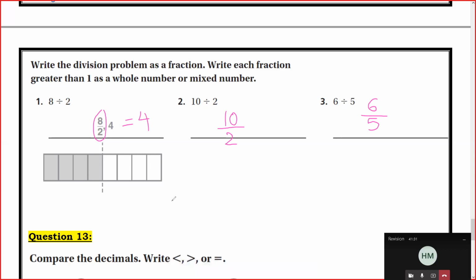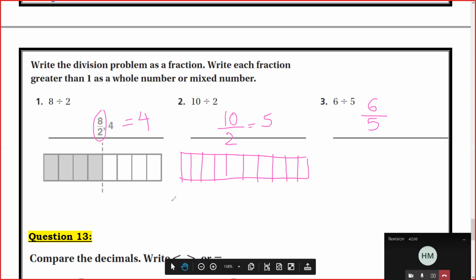Yeah, but the second one now, 10 divided by 2. 5. It means that if I draw now a rectangle and I cut it into 10 parts, 1, 2, 3, 4, 5, 6, 7, 8, 9, and 10.